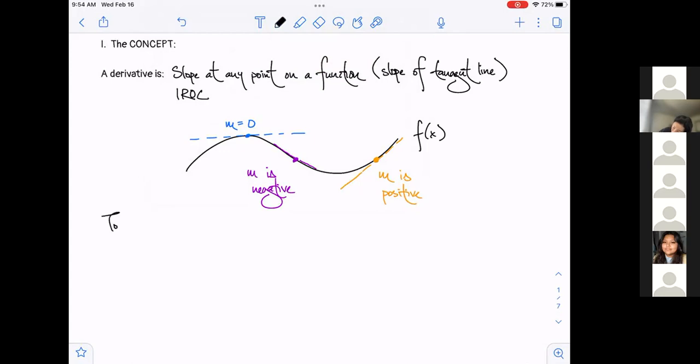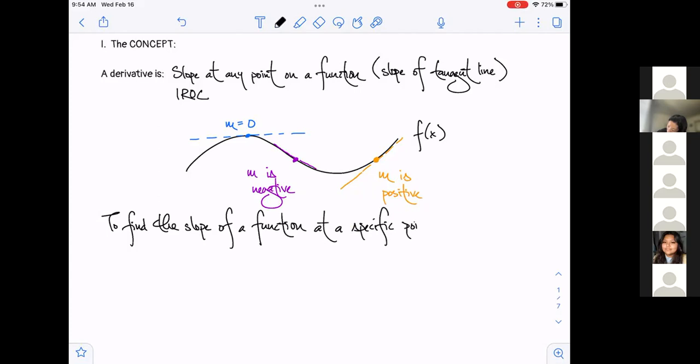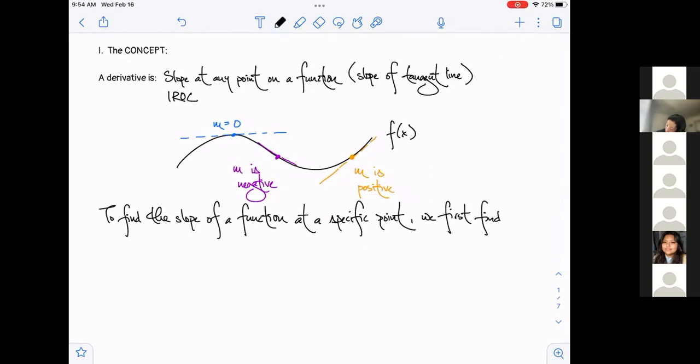So to find the slope of a function at a specific point, we first find the derivative of the function.